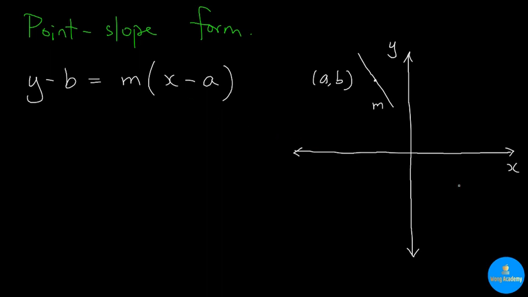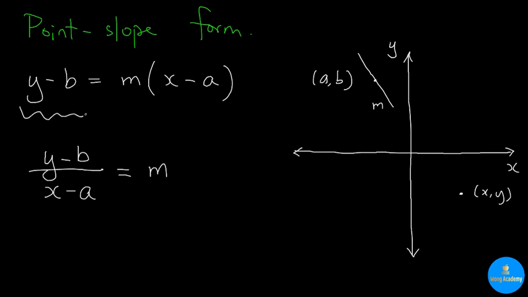For any point xy, if you want it to be on the straight line, then when you try to calculate the slope between AB and xy, it must be m. So we are going to apply the slope formula: y minus b over x minus a must be equal to m. Multiplying the denominator over to the right hand side we'll obtain our point-slope form.